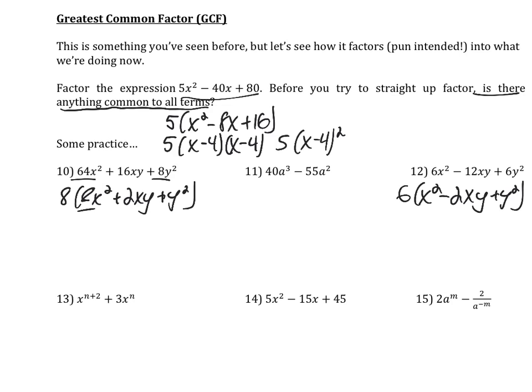You'll notice that both the x squared and the y squared are square numbers. So in this case, a is equal to x, b is equal to y. Is this an a plus b squared, or is this an a minus b squared? Well, because I have the minus 2xy, I know this is an a minus b, so this would just factor to 6 times (x minus y)(x minus y).